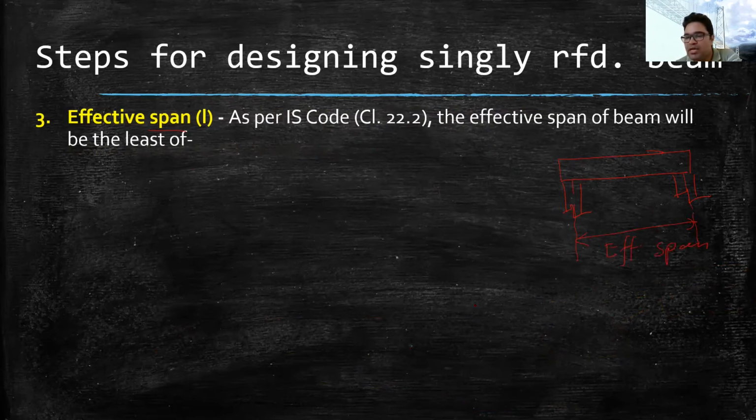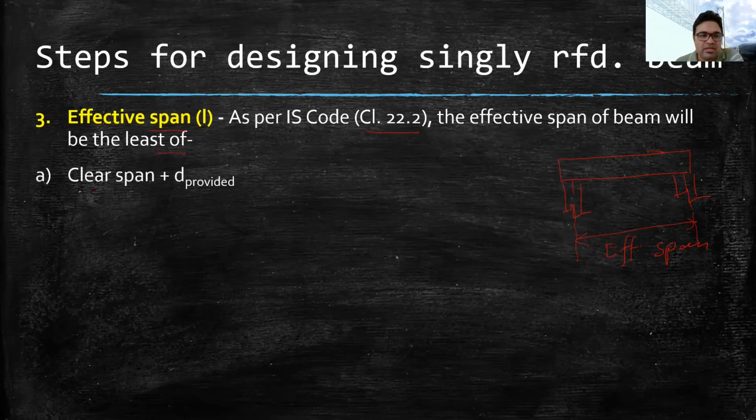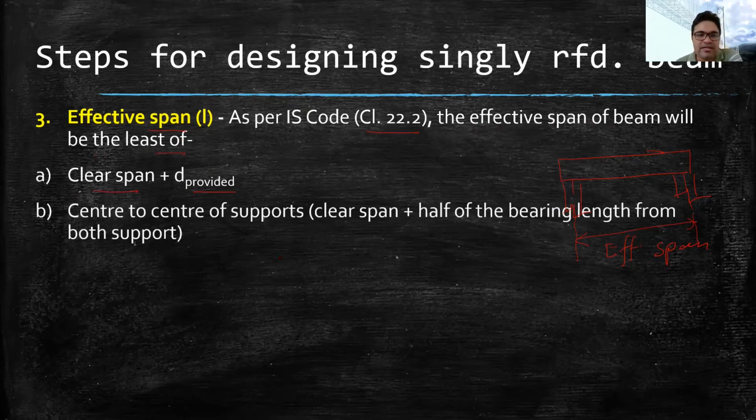But the IS code has given a provision for how we calculate this effective span. As per clause 22.2, the effective span of the beam will be the least of, first, clear span plus d provided, and second, center to center of the supports, clear span plus half of the bearing length from both supports.